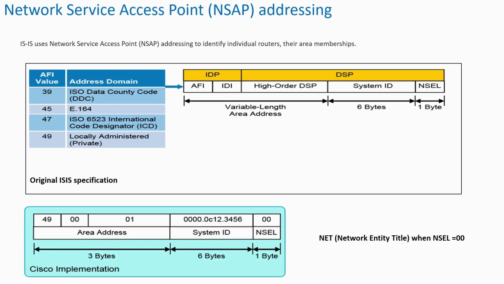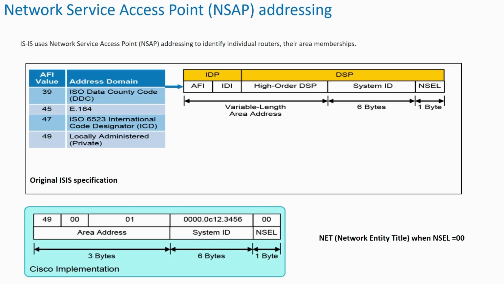The original ISIS specification defined a variable length NSAP address that ranges from 8 to 20 bytes. But the Cisco implementation fixes the size of the NSAP address to 10 bytes, with the first byte identifying the authority and format identifier, which is 49, which means that it is a locally administered or private address.